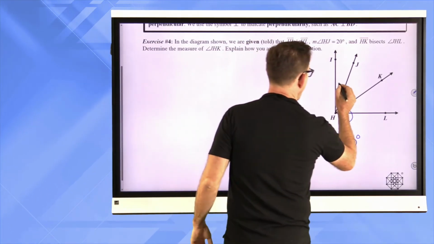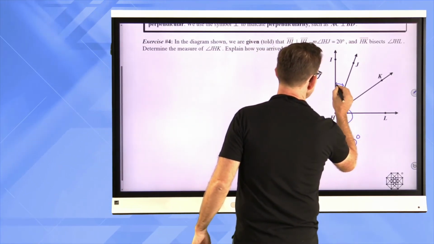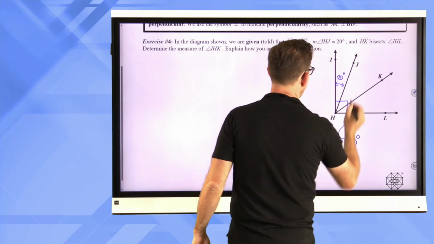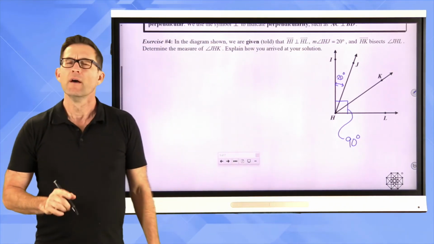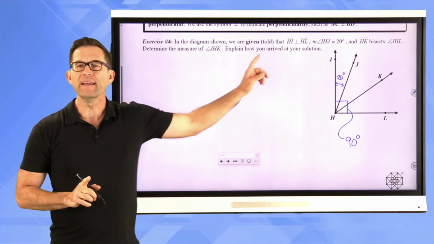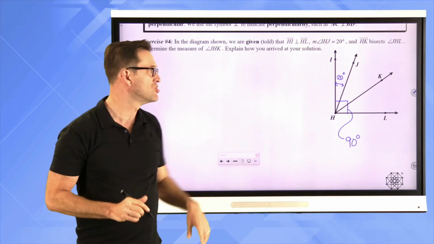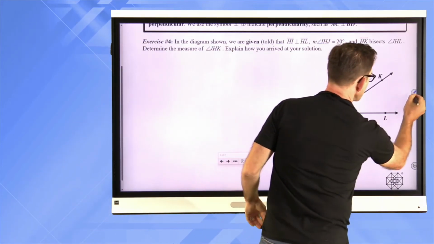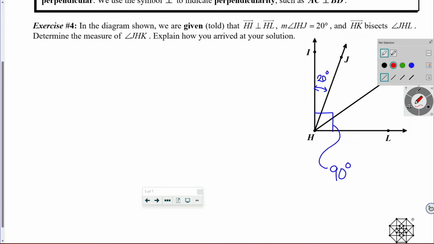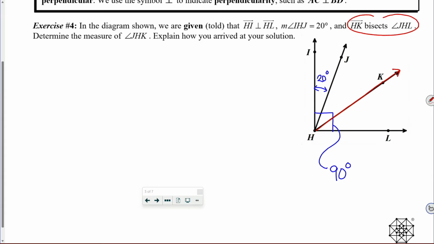I got to be able to figure out which angle that is, but it's right in here, 20 degrees. Finally, I'm told that HK bisects JHL. All right, so HK, let me do this in red, which is right here. HK bisects JHL. And that tells me that this angle and this angle are congruent to one another.